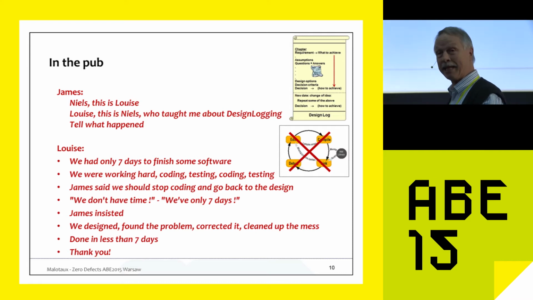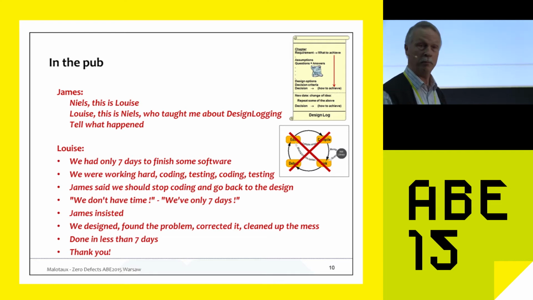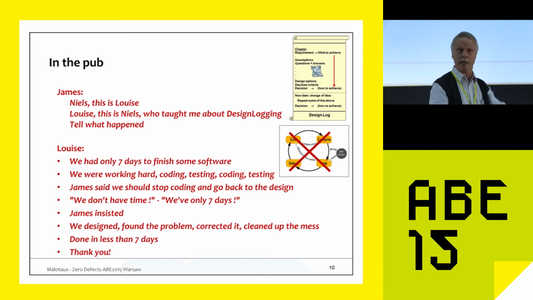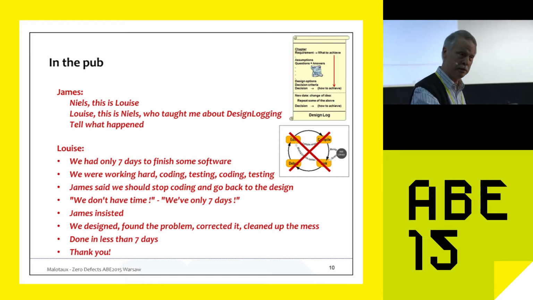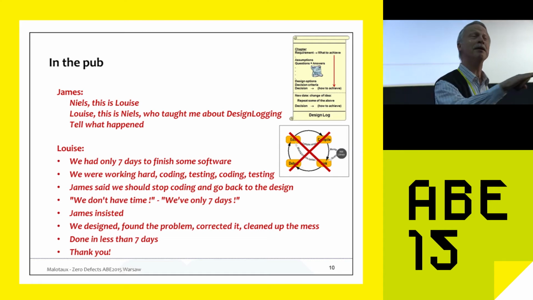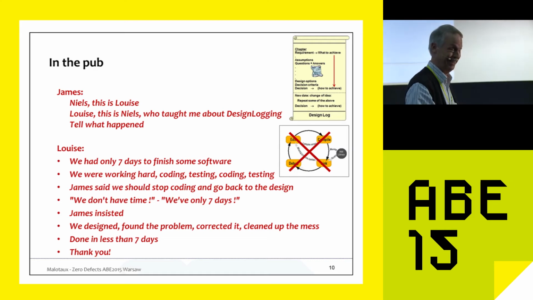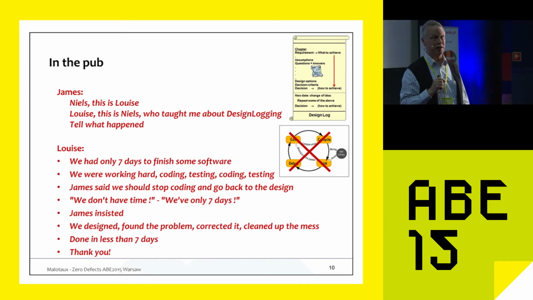She said, then James came and he said, stop coding, go back to your design. To design? We don't have time, we have to deliver in 7 days, we have to code. You go back to your design. And apparently in this company he came at a level that he could say, you stop coding, you go back to your design. So she said, I looked at the design.